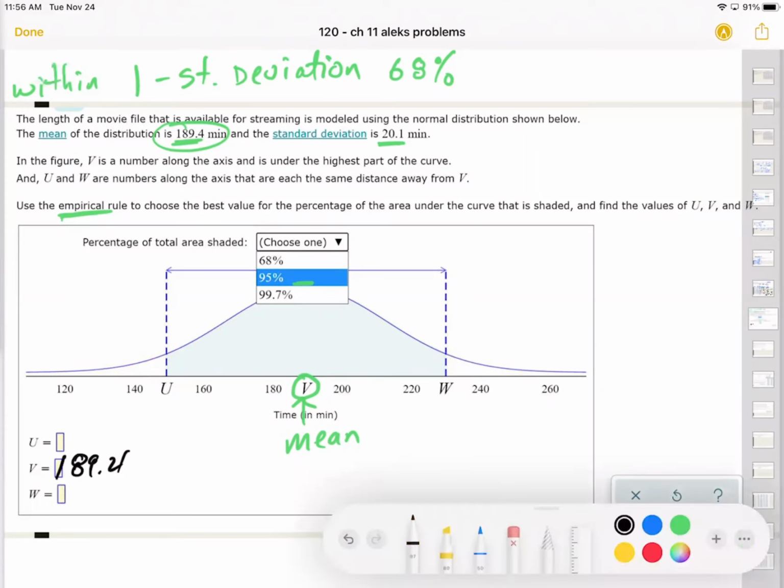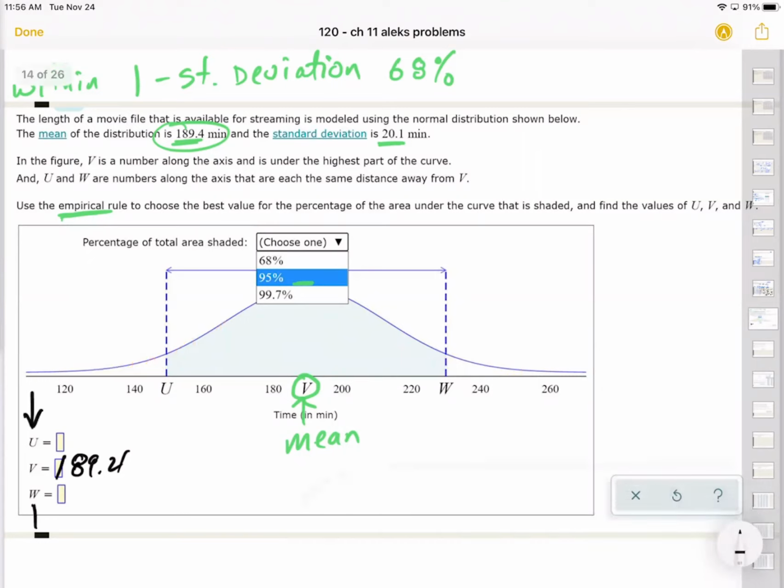So how do I find a value for V, and how do I find a value for U and W? If it's 95%, we know that it's within 2 standard deviations.